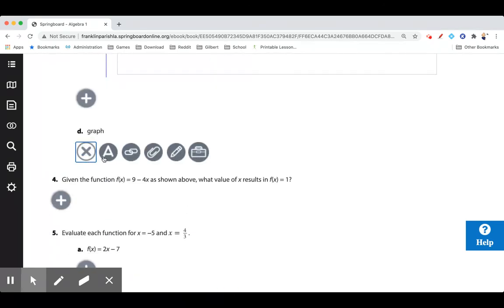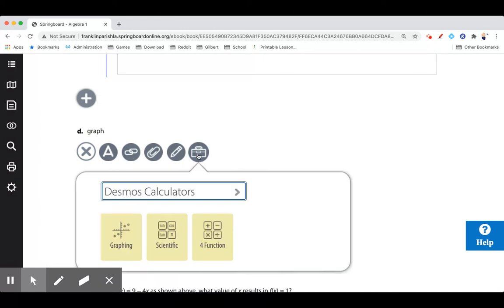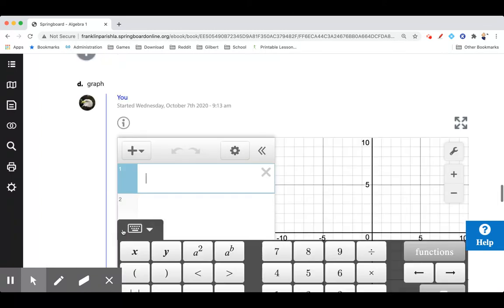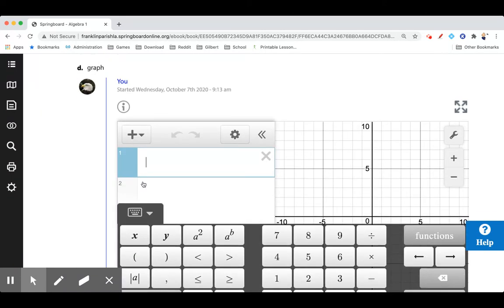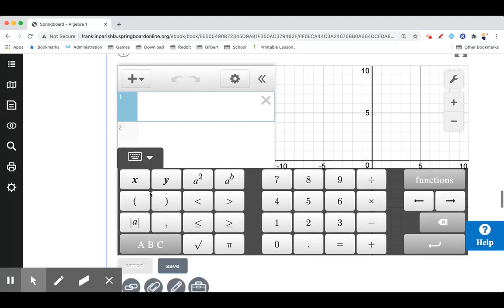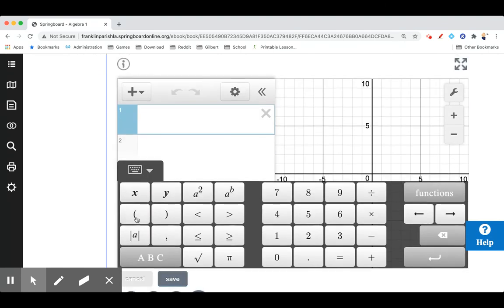And then we do it on a graph. We'll use the graphing calculator. Five goes with negative 11.